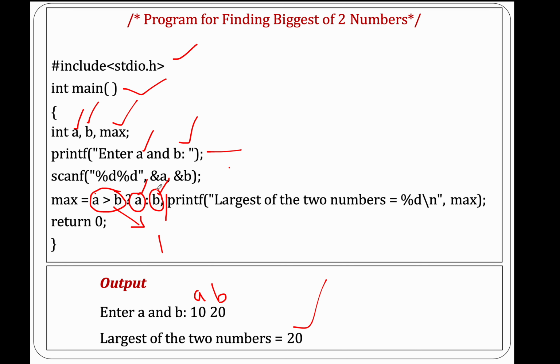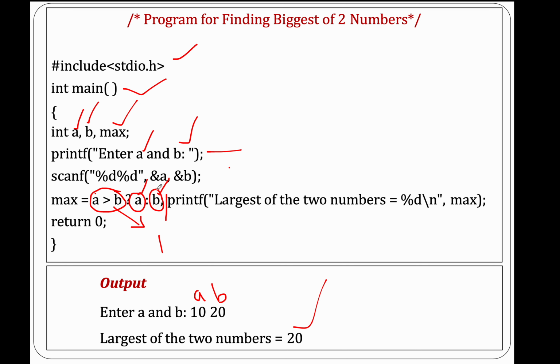This is a very important point. And sir, is it possible to find only the maximum of two numbers? By using conditional operators, you can find the maximum of three numbers. How? What is the logic of the maximum of three numbers?